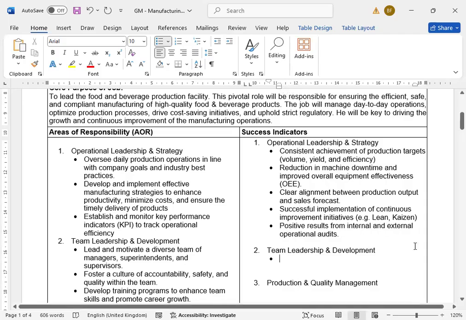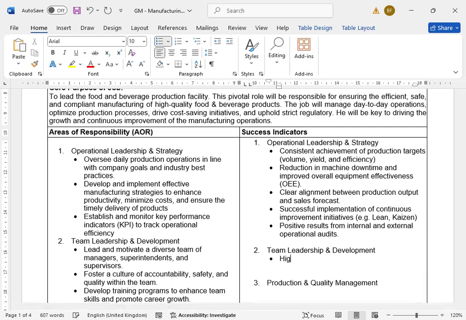Okay, next one will be for the team leadership and development. Team leadership and development, I like this portion because I'm from HR. So, high employee retention, because the people working under this role are happy, because the role is thinking about the career growth of the employees.